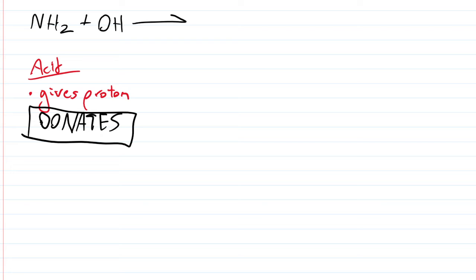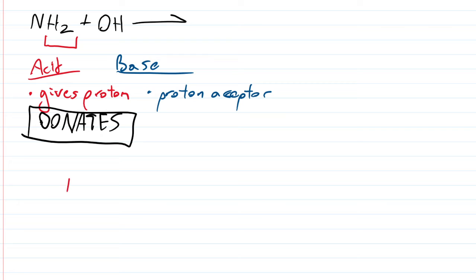And a base is a proton acceptor. Right? So there's two protons here, because whenever you see a proton given away, if you saw one of my videos, I explained that protons just don't go floating around in space like how electrons do.